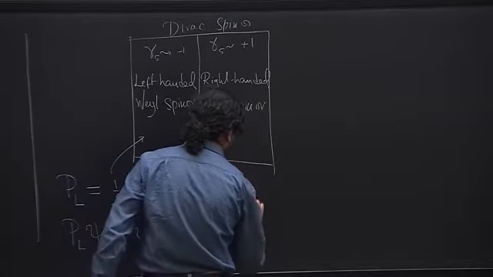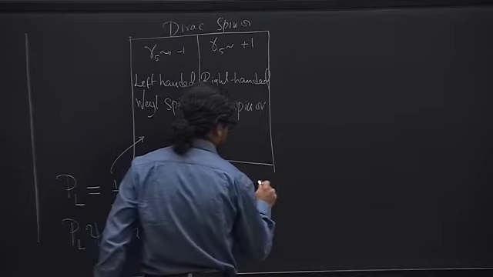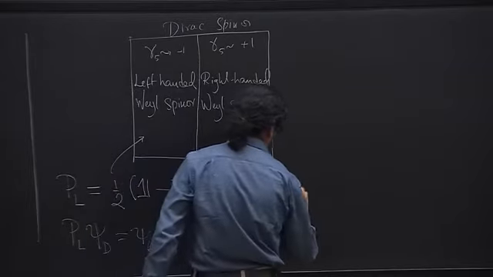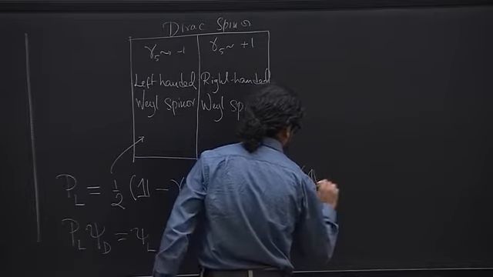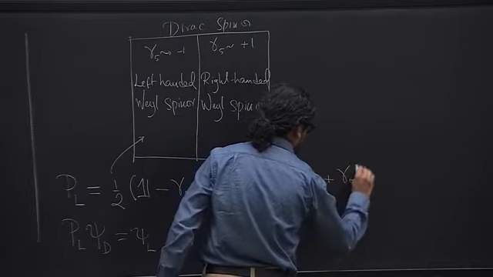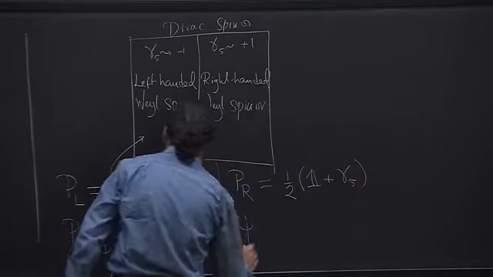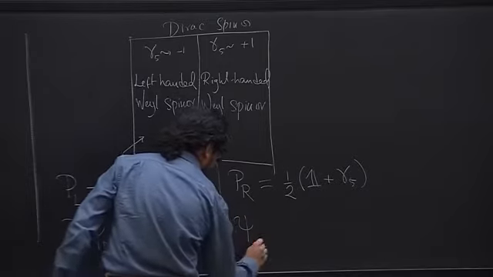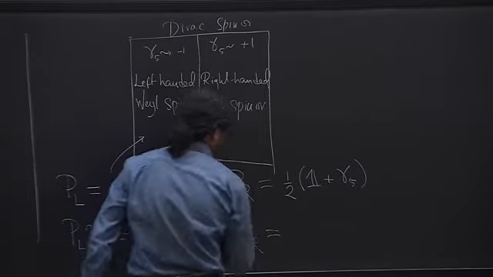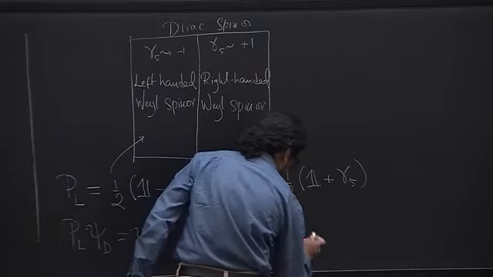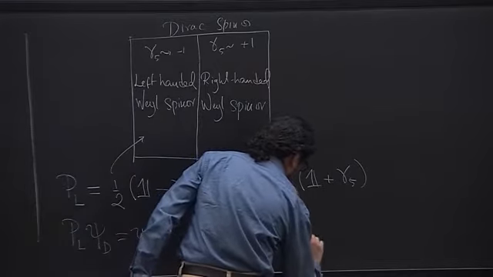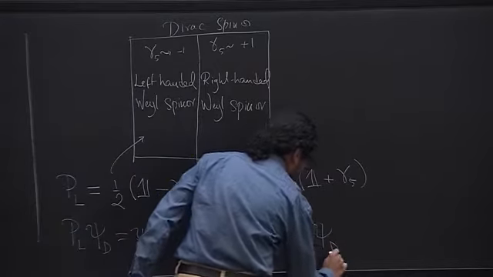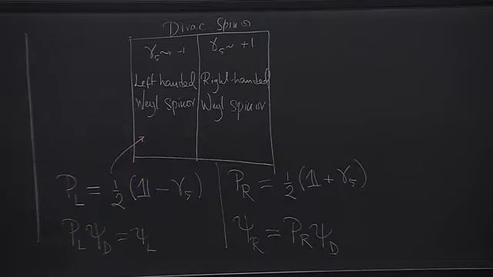And there is another projection operator, let's call it PR. And this is given by the identity plus gamma 5. You project down to the right-handed Weyl spinor space by applying PR to the Dirac spinor. Okay?